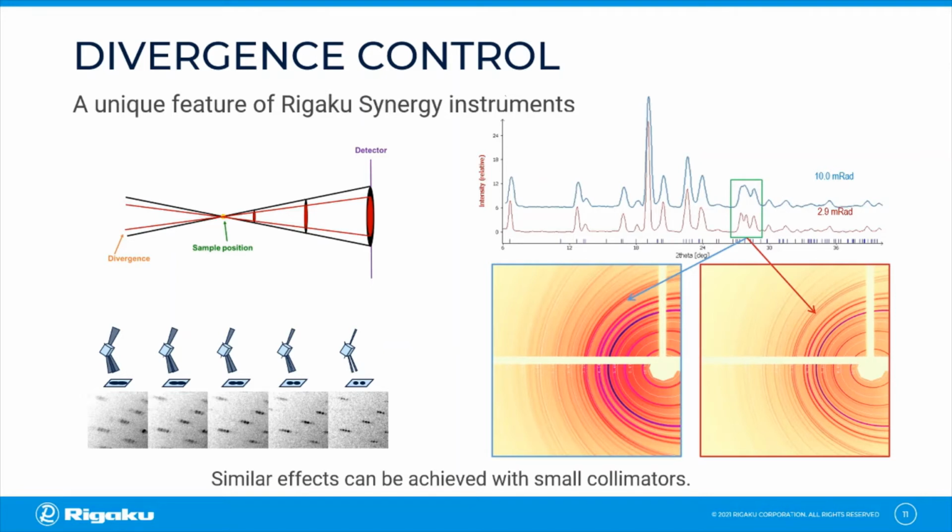The improved resolution leads to observation of additional peaks, and you can see this especially nicely here in the green box. So I reduced the divergence from 10 milliradians to about 3 milliradians, and we can see additional peaks and way slimmer peaks as well.